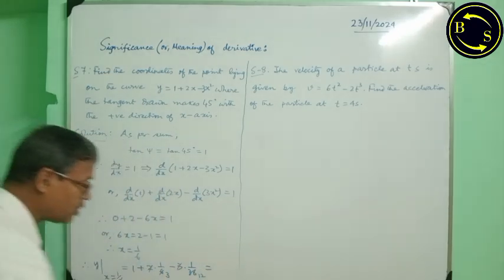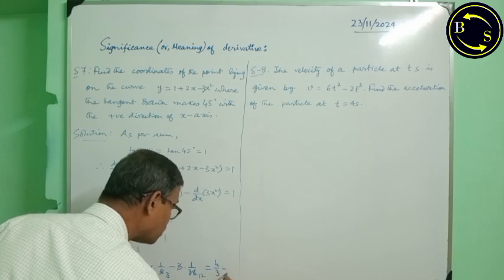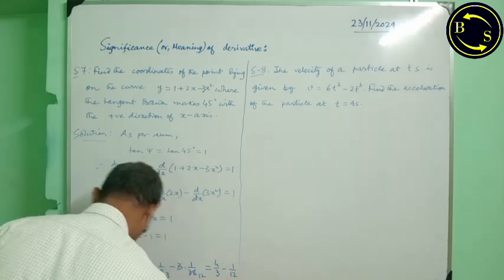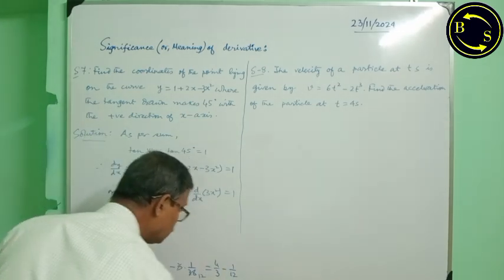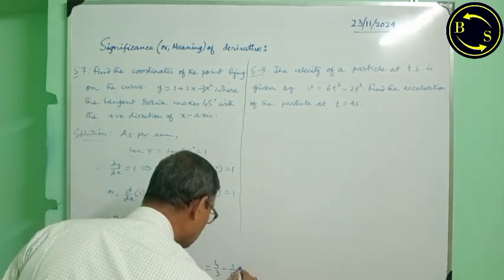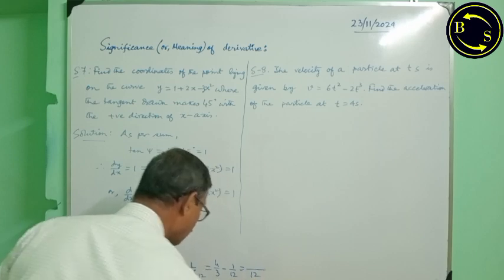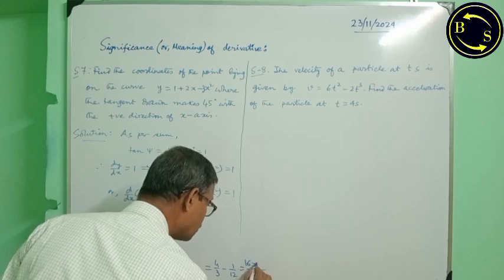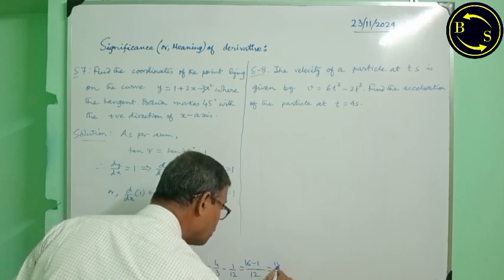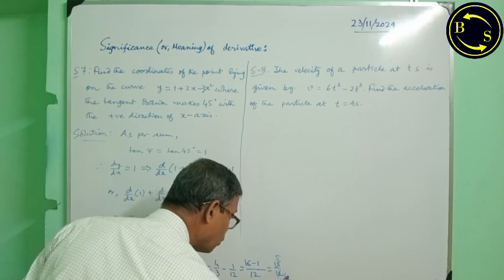One plus 1 by 3, that is 4 by 3, minus 1 by 12. We calculate that. Minus 1, 15 by 12, by 4.